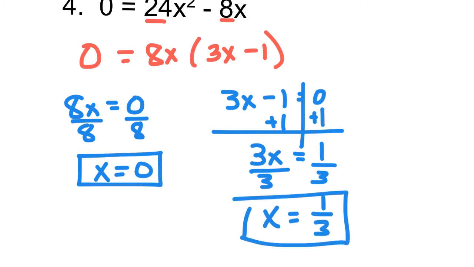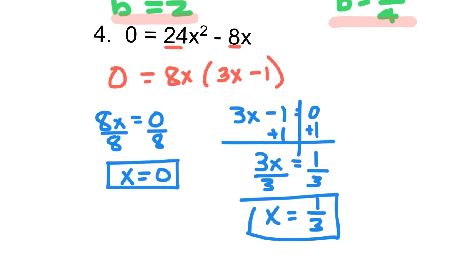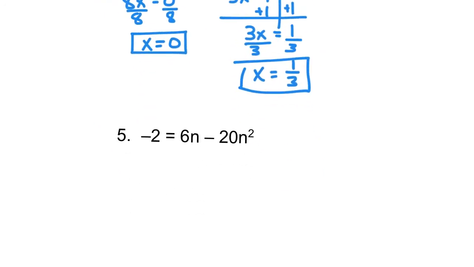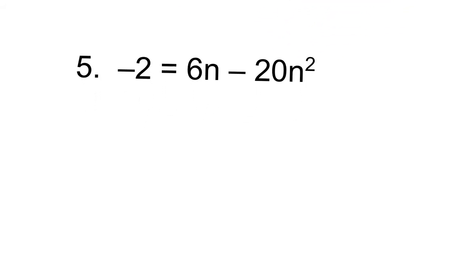So those are our two solutions. We found the GCF first, and then from there we solved it. So when we're solving these equations, I want you to be sure that you're looking for the GCF first. From now on, that is the new part of this lesson.